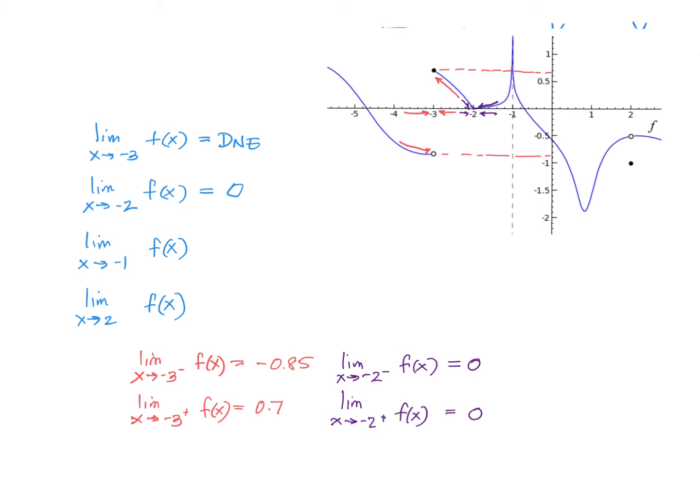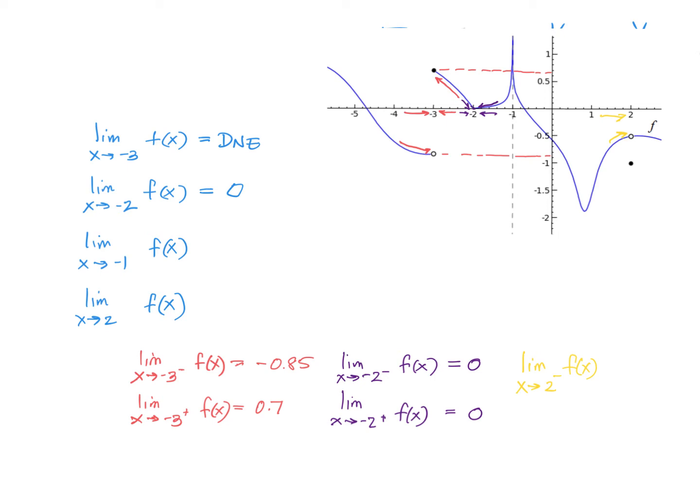All right, so if we look at that example, as we're approaching 2 from the negative side of f of x, that corresponds to this part of the graph, right?